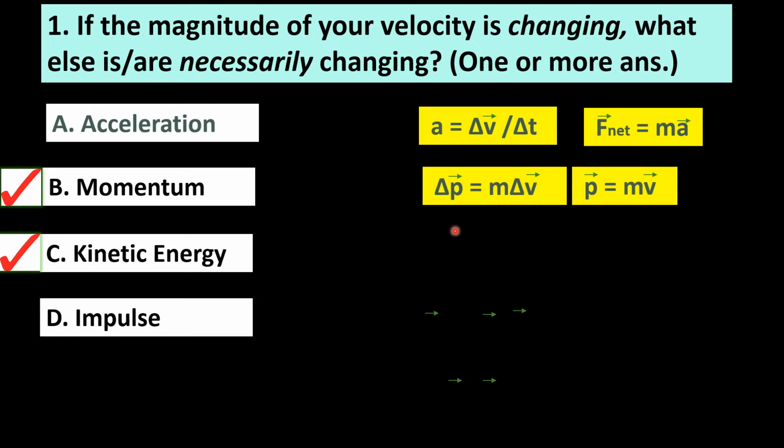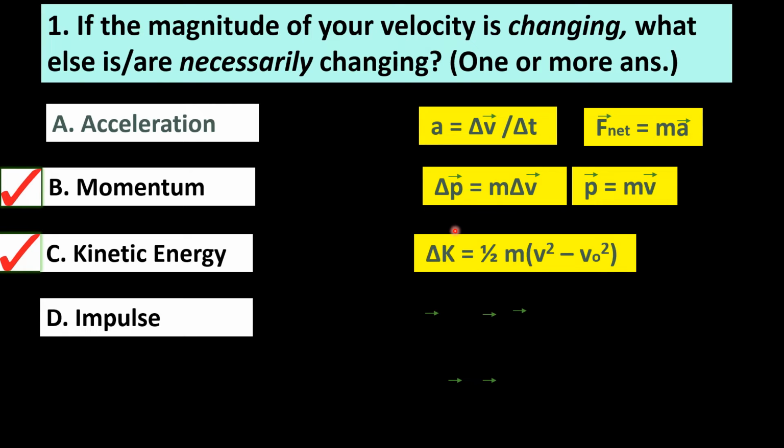So for letter C, kinetic energy. When the velocity or speed of a body changes, is there also a corresponding change in kinetic energy? Well, according to the formula for change in kinetic energy, delta K is equal to 1/2 mass times the difference in the square of the final speed minus the square of the initial speed.